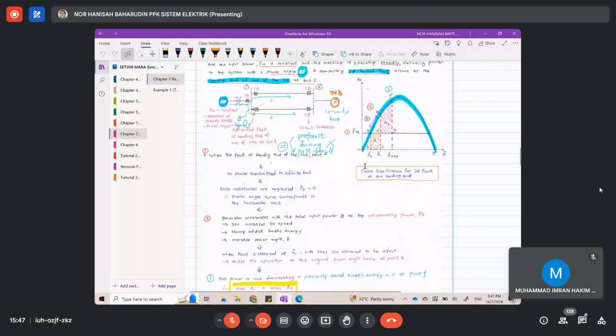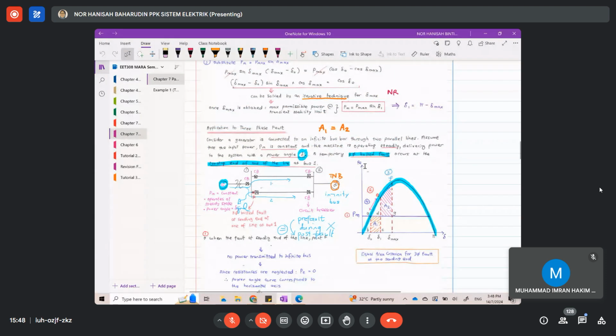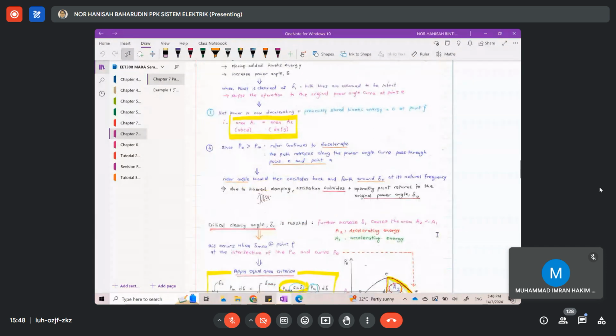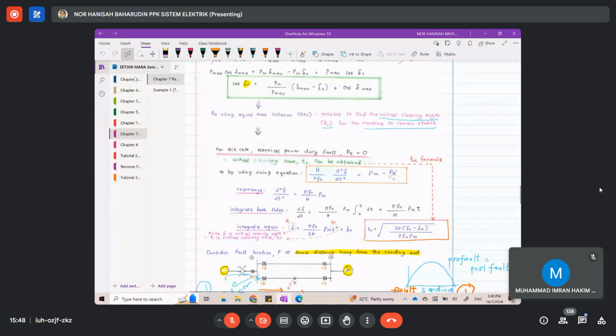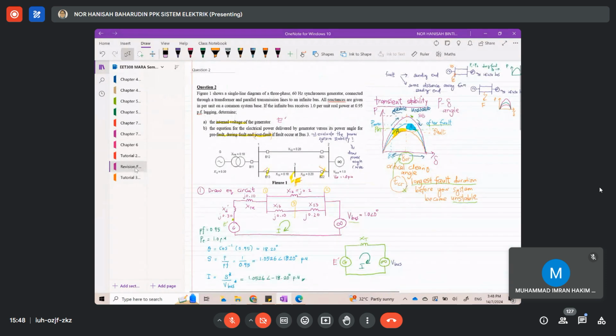And one more, if I ask you about the fault at sending end, you know that you have to draw only one power angle curve.